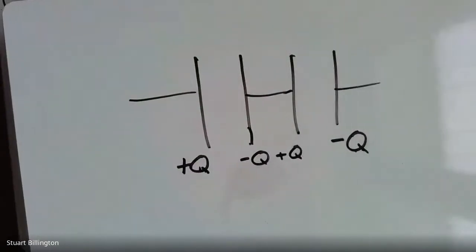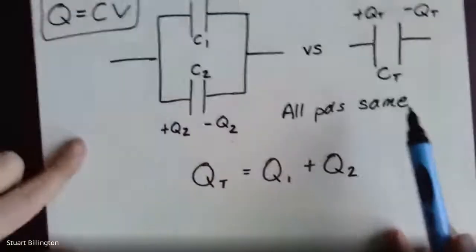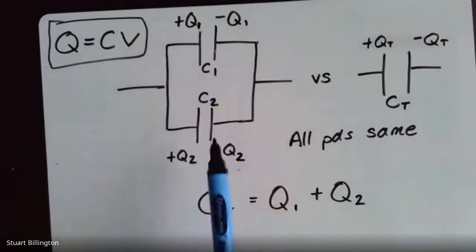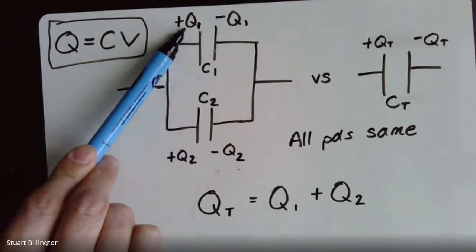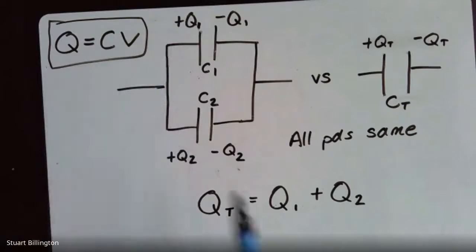So in the series example, we've only got one lot of Q's. But in the parallel example, this lot of charge up here is a completely different lot of charge to this one down here. So we really do have Q1 lots of charge up here, and separately to that, Q2 lots of charge down here. So altogether, we really have stored both lots of charge.